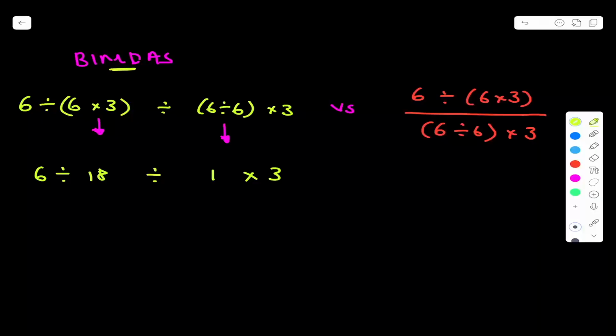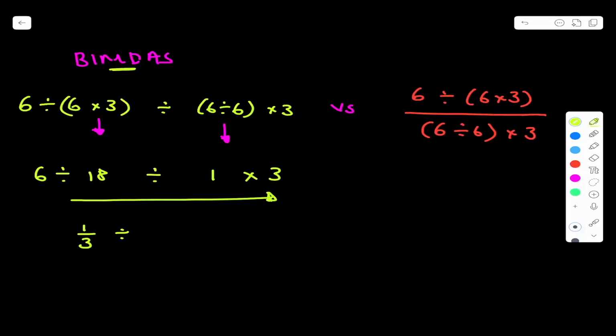Multiplication and division appear together here in BIMDAS, but when you've got both multiplication and division, you just work from left to right. So we work out what 6 divided by 18 is, which is 1 over 3.